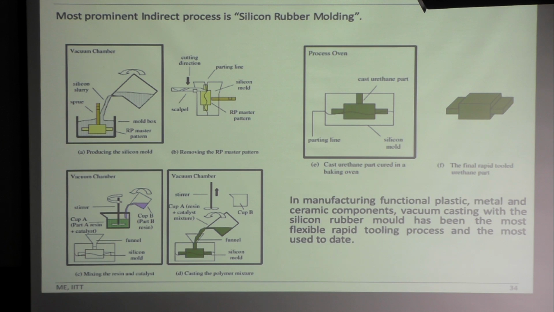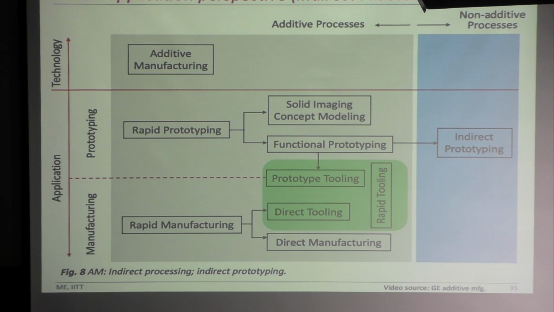We use this silicon rubber molding in manufacturing functional plastic, metal and ceramic components. However, we use this under vacuum in order to avoid air bubbles entering the mold. So this is the indirect prototyping.